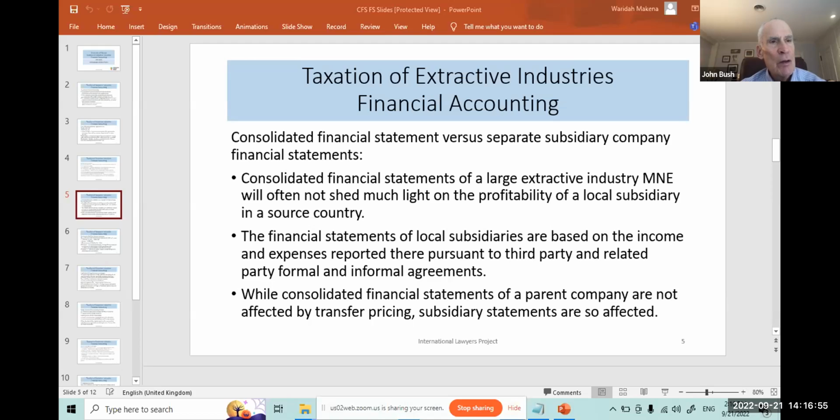Putting it differently, the proponents of Pillar 1, for example, did not like the transfer pricing rules, at least with respect to Pillar 1, and use consolidated financial statements of the entire entity and not subsidiary accounts.